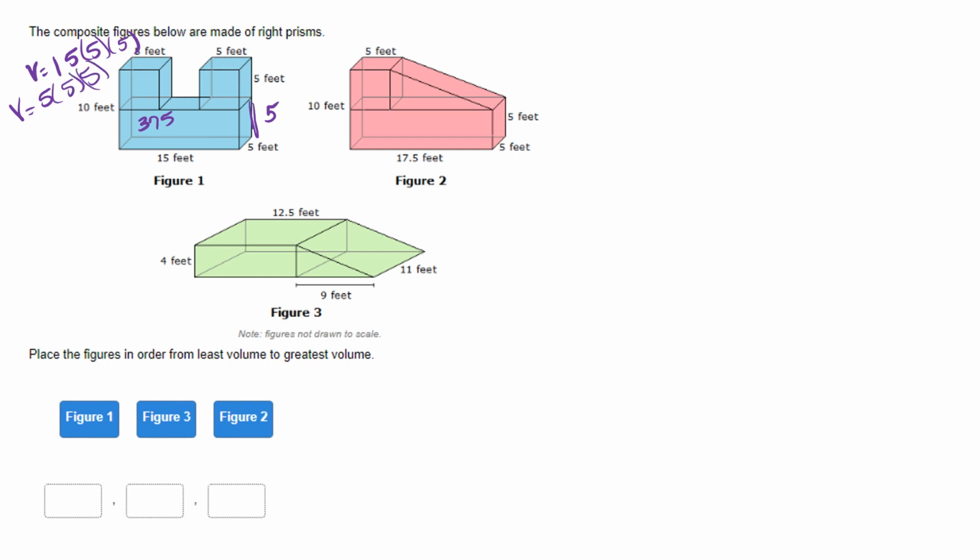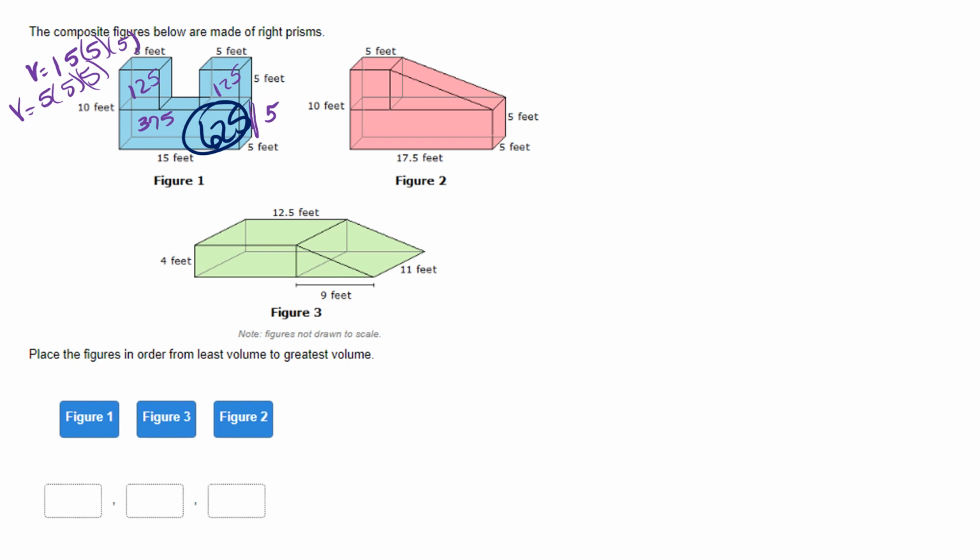That's 125. So now I just need to add them all together to get the total for that figure. 125 plus 125 plus 375 does give me 625. So that's our total for that one.